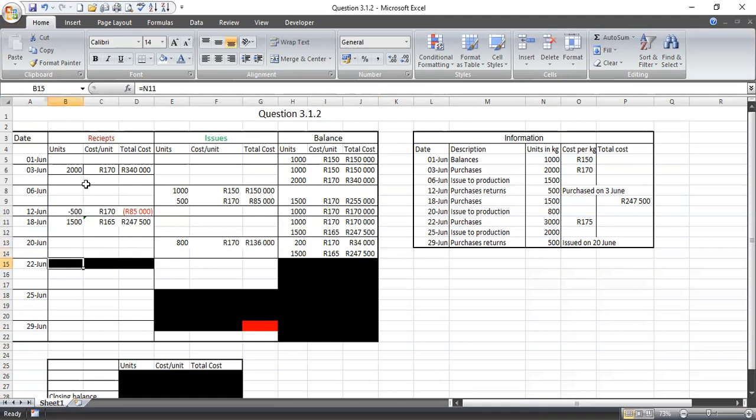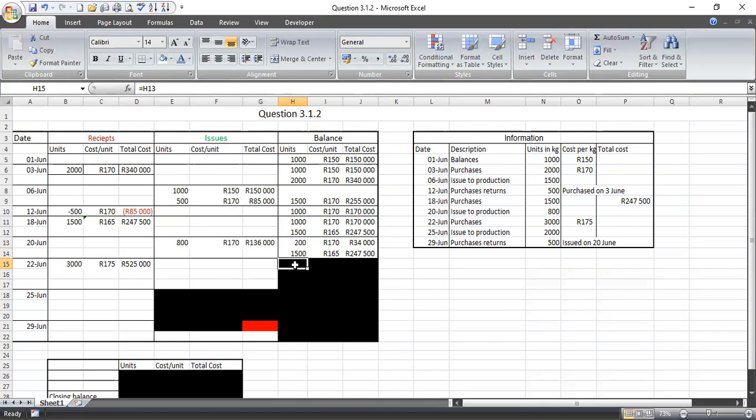So under receipts, we'll have 3,000 units at a cost of 175 and at a total cost of 525,000. Since we've recorded all of our purchases, we can now calculate our balance.